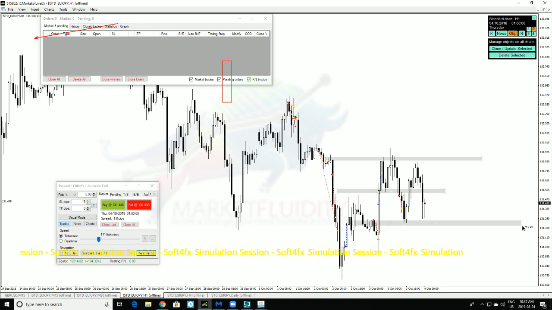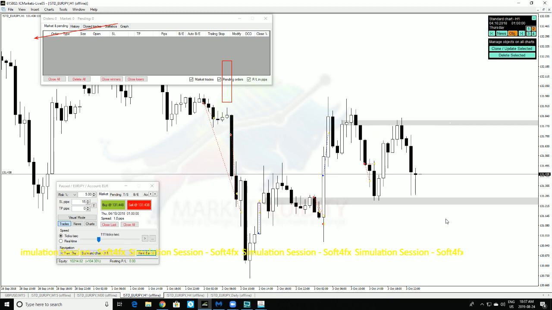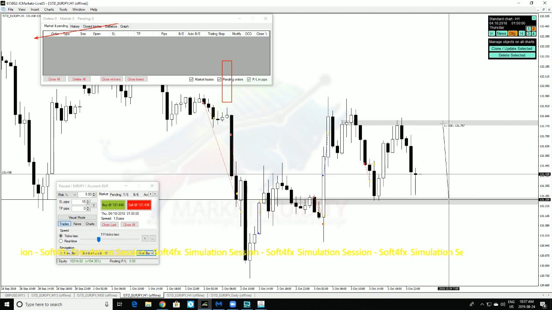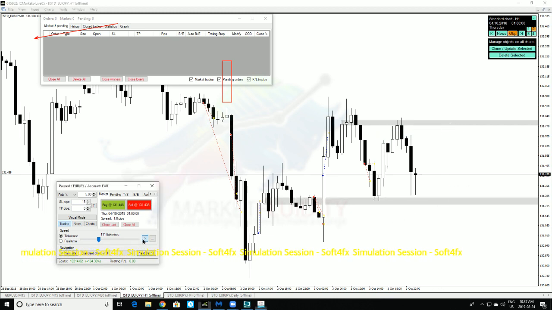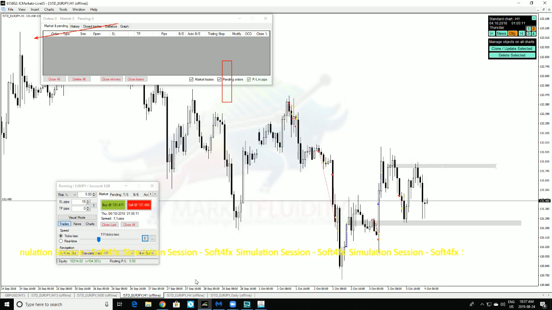So in this case, this is the most recent support, right here. And when we look up, this is the most recent resistance up over here. So essentially, price is ranging now in this 50 pip zone here. So we're probably gonna wait and see what happens.